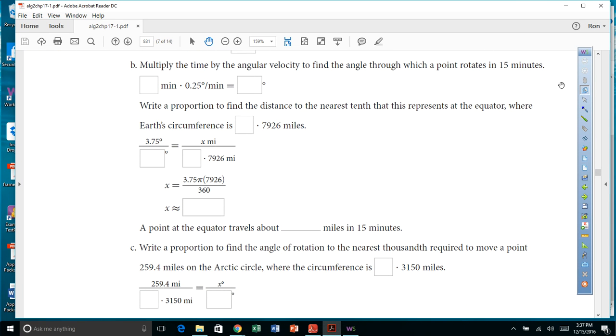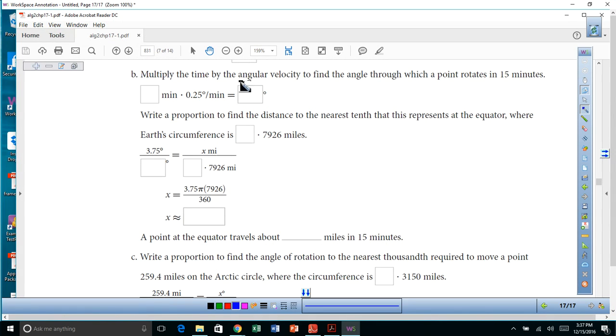Multiply the time by the angular velocity to find the angle through which a point rotates in 15 minutes. So 15 minutes times 0.25 degrees a minute is 3.75 degrees. Write a proportion to find the distance to the nearest tenth that this represents at the equator, where the Earth's circumference is pi times 7,926 miles.